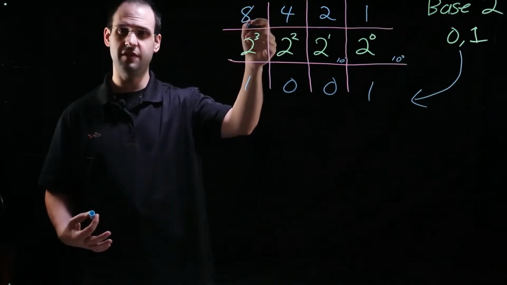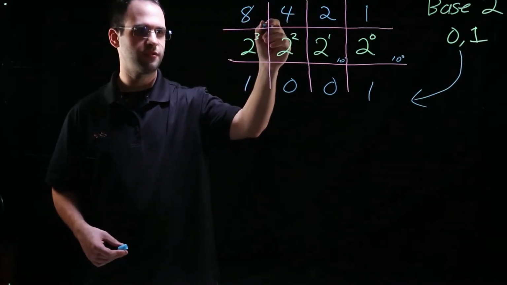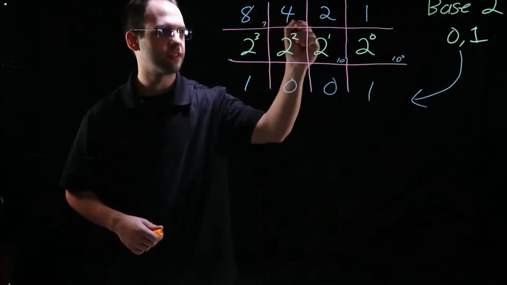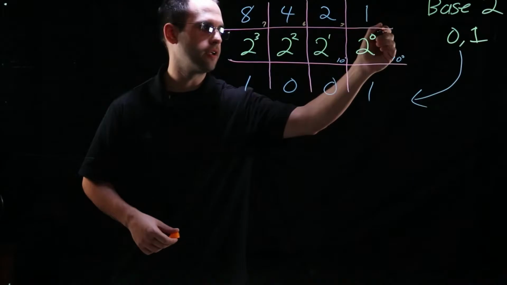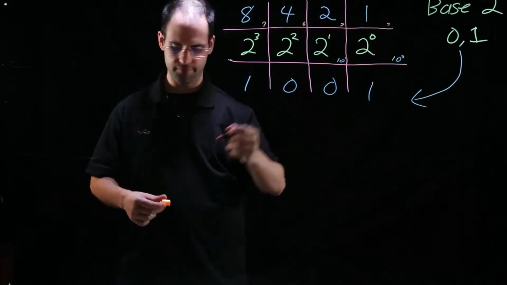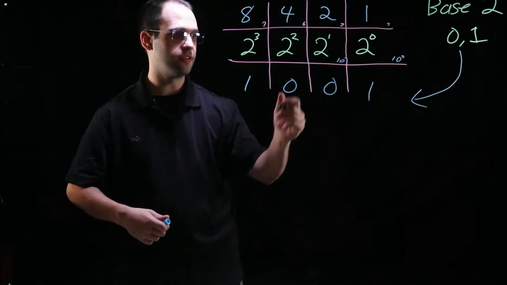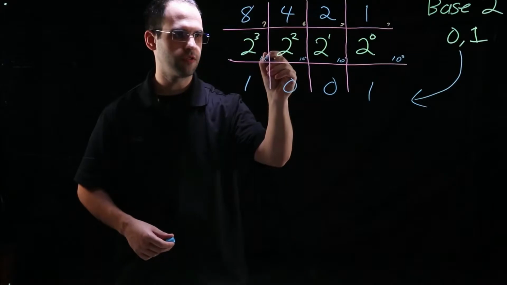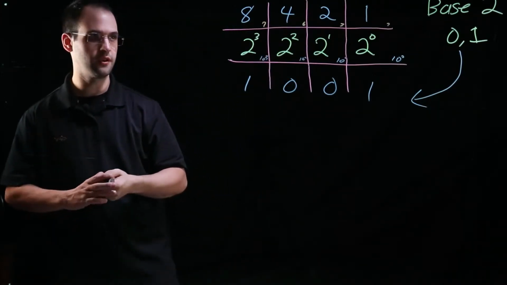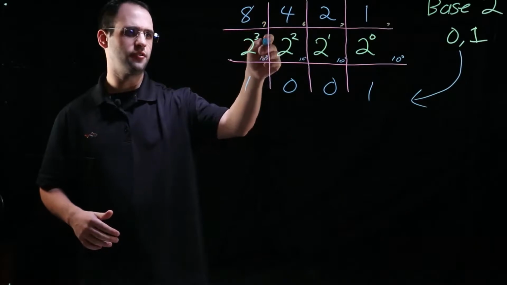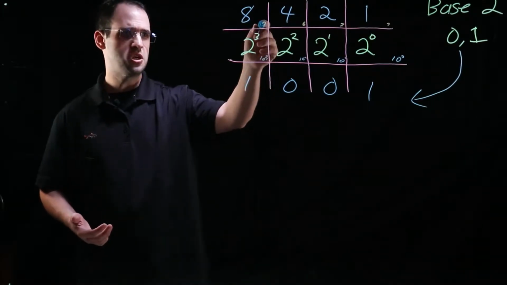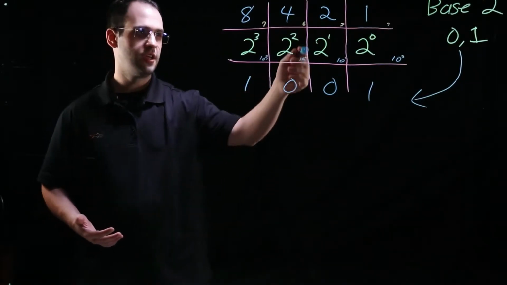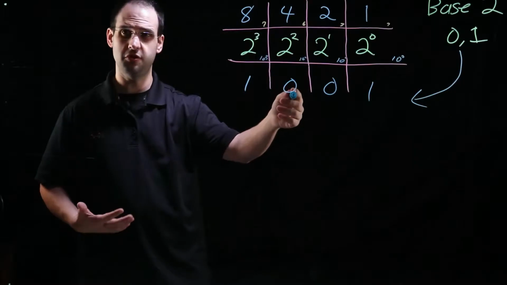If we said we had 7, 6, 3, 3, and this was 10 to the first, 10 to the second, 10 to the third, I would take this value and say, well, this is the thousands position, so 7 times 1,000 means this positional value is 7,000. And then 6 times 100 makes this position 700.